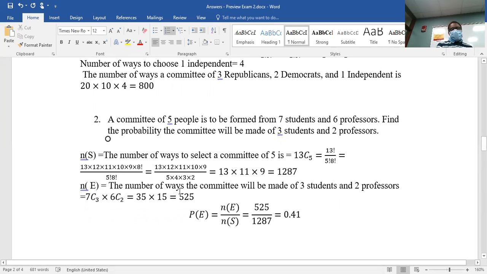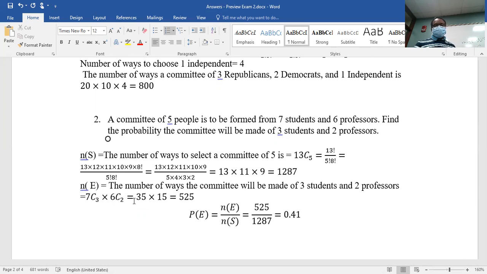Then you are going to find the number of ways the committee will be made of 3 students and 2 professors. It's 7 combination 3 times 6 combination 2. This one you can easily do manually. 7 combination 3, but you can use your calculator. 7 factorial, which is 7, 6, 5, over 4 factorial, 3 factorial is 6.